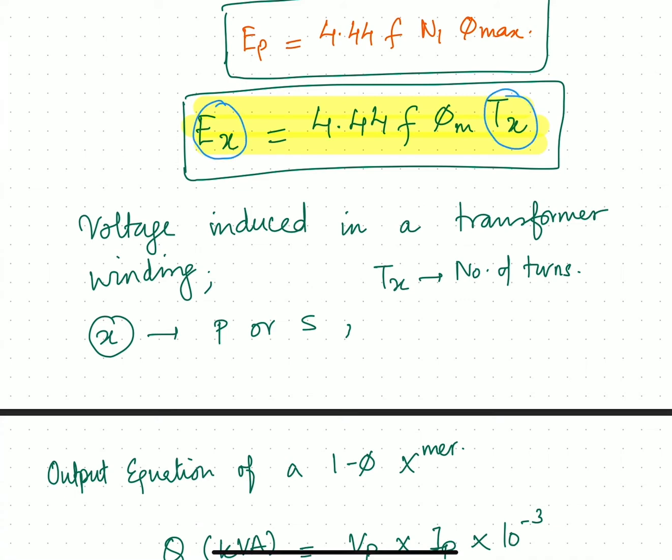This is 4.44 F phi m. So this is EX, sorry, ET, which we'll use later. So isn't this EX by TX equal to the ET that we have derived, right? It is the same, it is EP by TP.